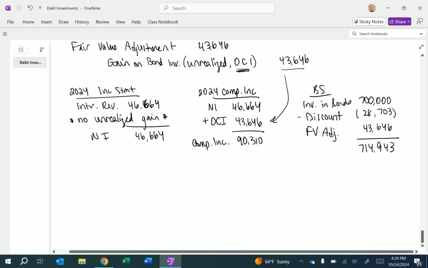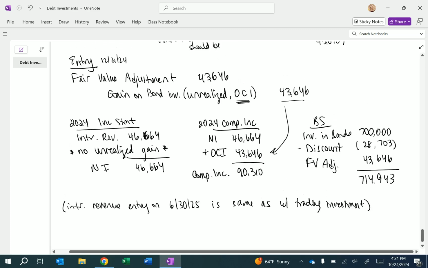Let's assume we have the same interest. So the interest revenue entry on 6/30/25 is the same as with the trading security, rather than writing it out.